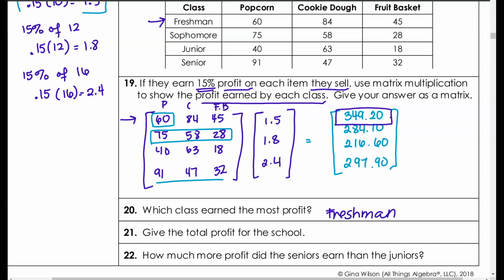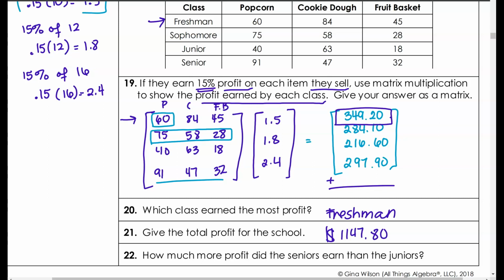Go freshmen. Give the total profit for the school. So now the total profit, we're going to take all of these values and sum them up all together. So if you sum up all those values, we would end up with $1,147.80.